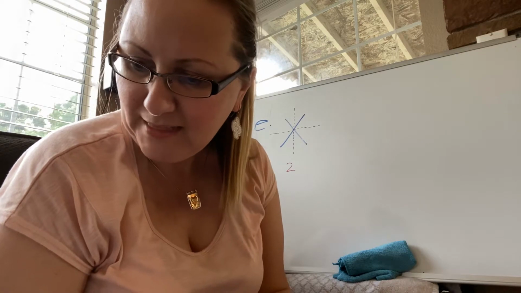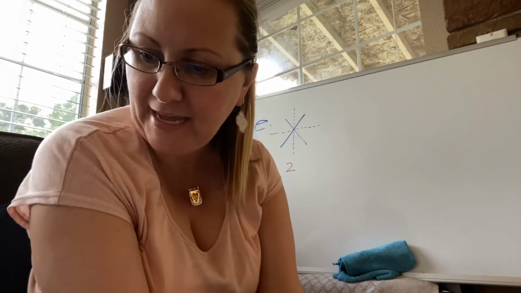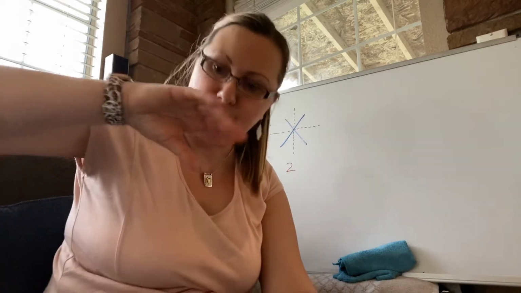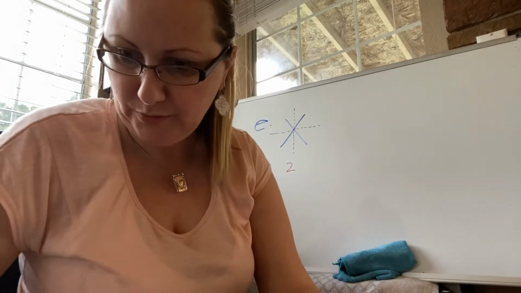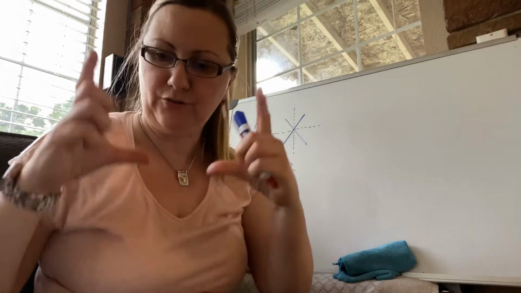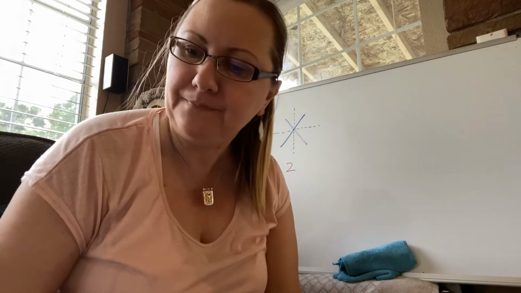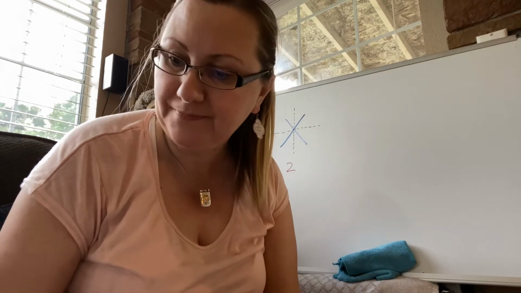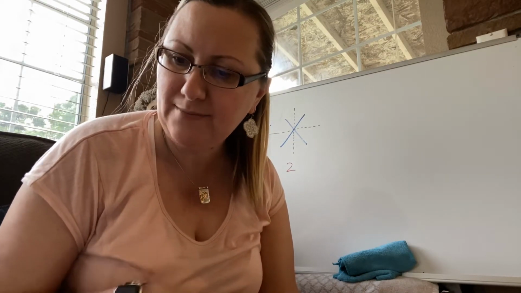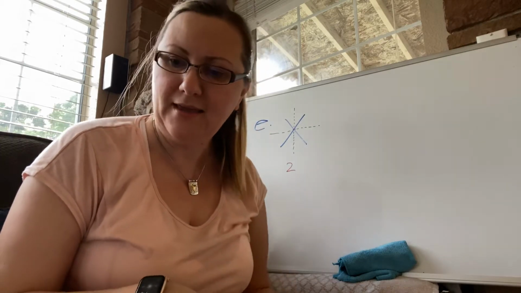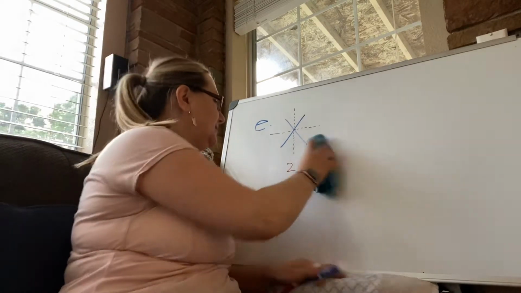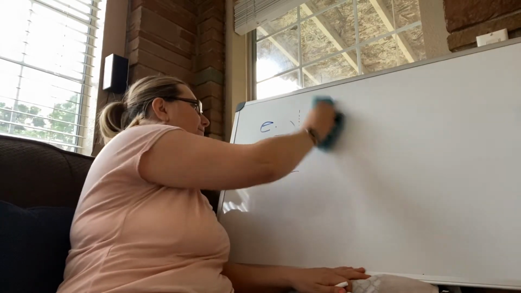All right, letter G, it says, which figures A through F do not have rotational symmetry? Okay, so let's think about that first crown looking figure. Does that have rotational symmetry? Let's take a look at it closer.